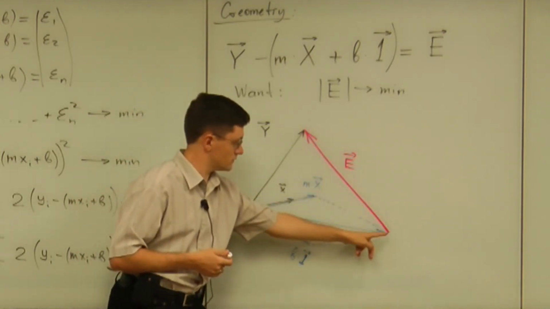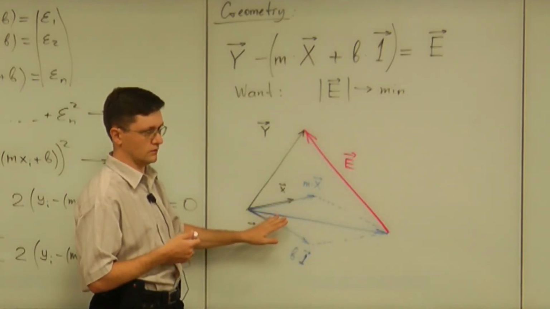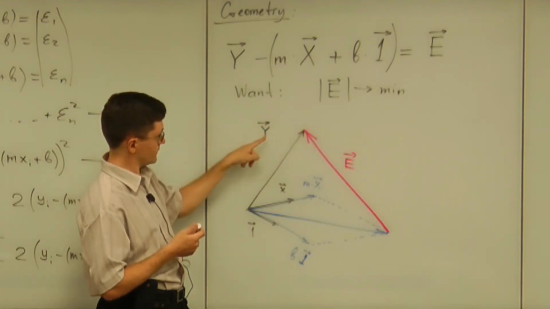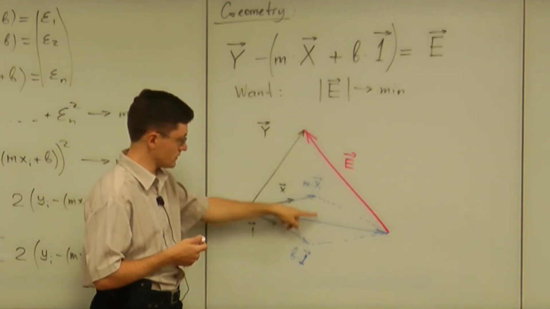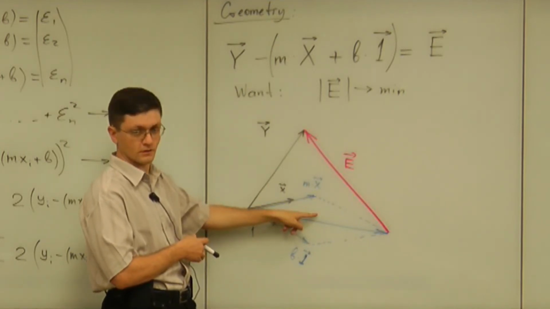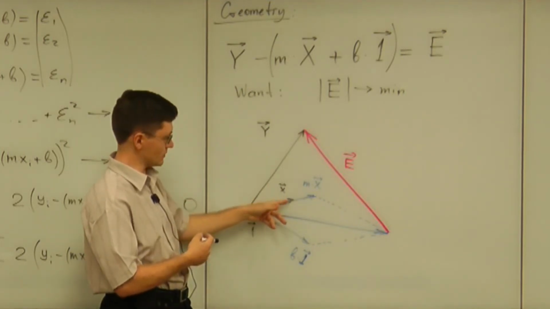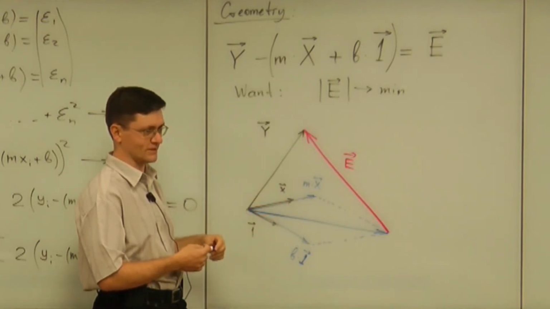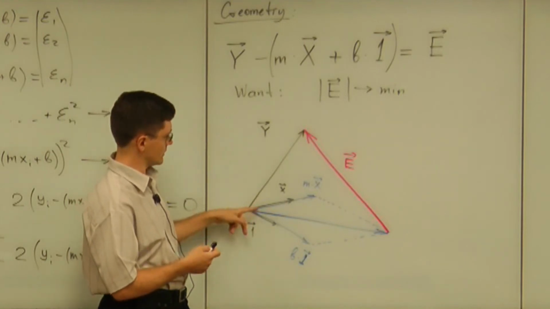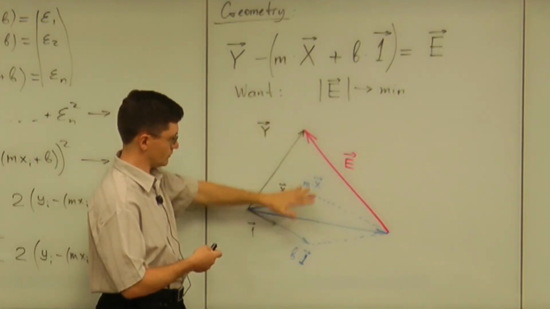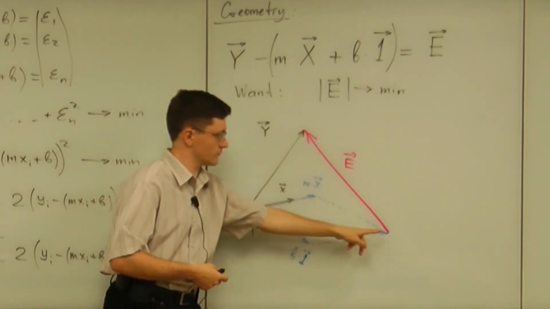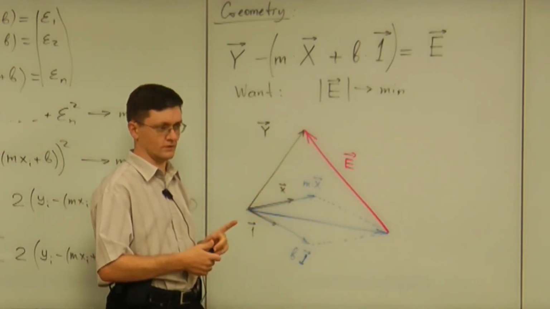So it begins in that plane, but it ends somewhere. And of course, if this point is in that plane, that's great. We can make it 0. But by the random nature of x and y, you can guess it's not there. So you have to think about a point in 3 space and the plane, and the point is not on the plane, and what you want is the shortest vector from the plane to that point.